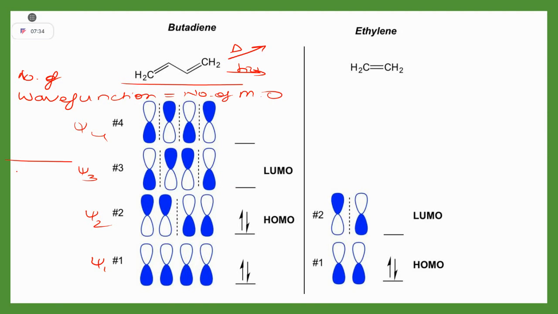But this is the case when condition is thermal. But when condition will be h nu or photochemical, one of the electrons will excite from psi 2 to psi 3. Let me redraw. This is in case of heat, this is case in h nu. When you shine light on this compound, one of the electrons will excite.